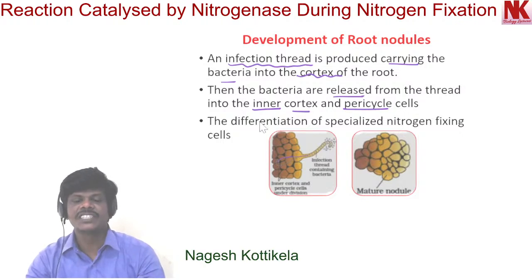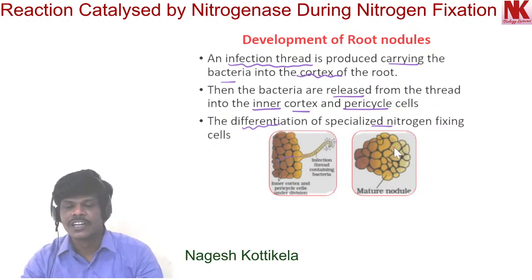After that, differentiation of specialized nitrogen fixing cells occurs, and because of this differentiation, the root nodule is formed. This is the mature root nodule.